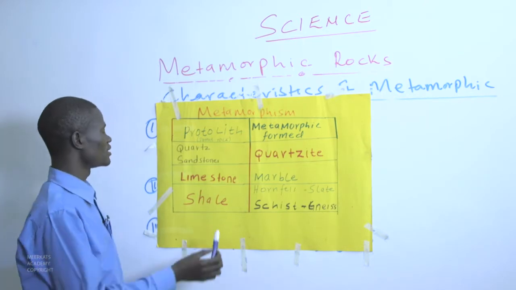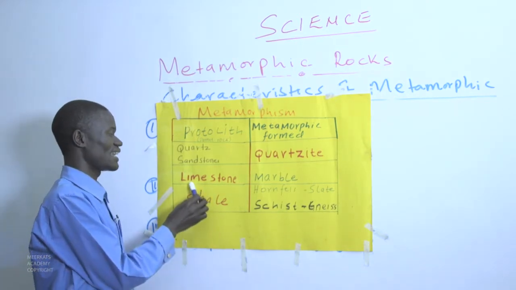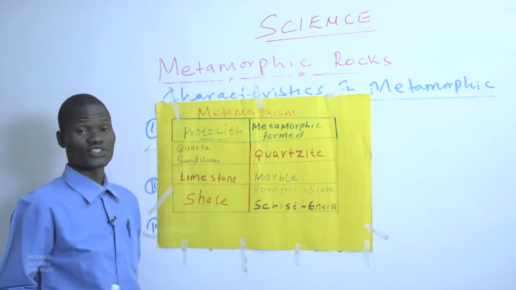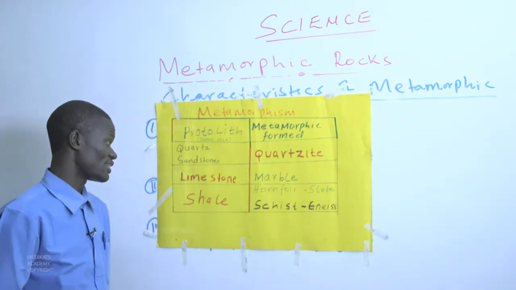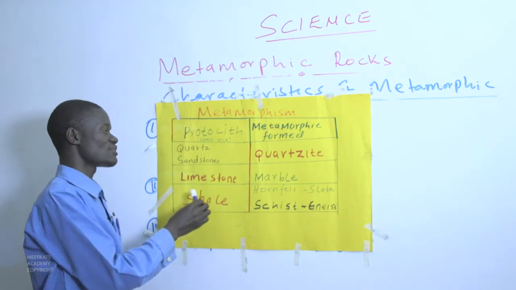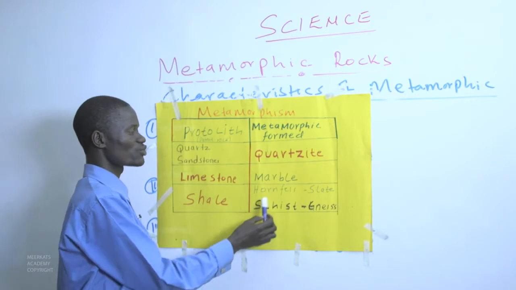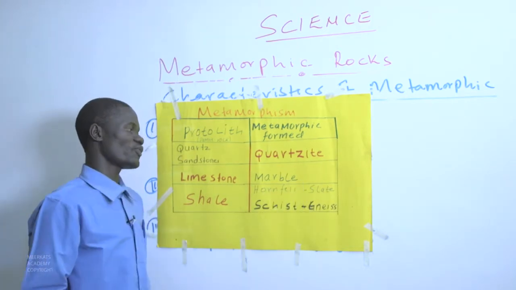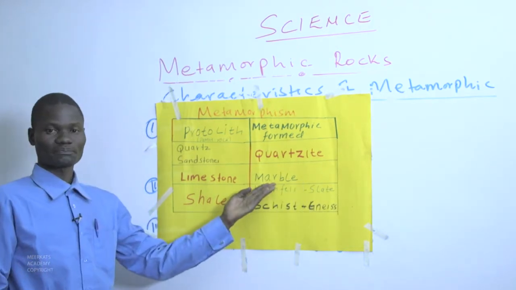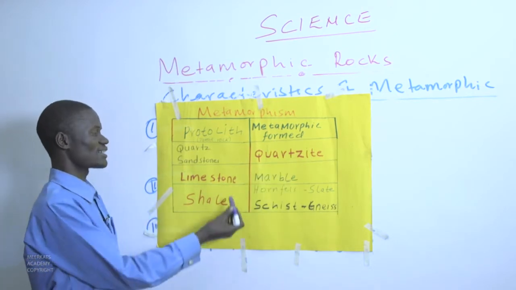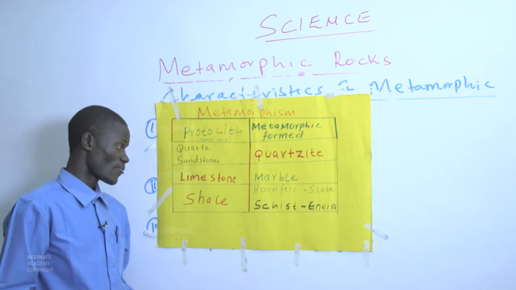Also, when we look at an original rock such as limestone, I hope you understand limestone is a rock that is used to extract cement. When it is metamorphosed into a new rock, it will form marble.